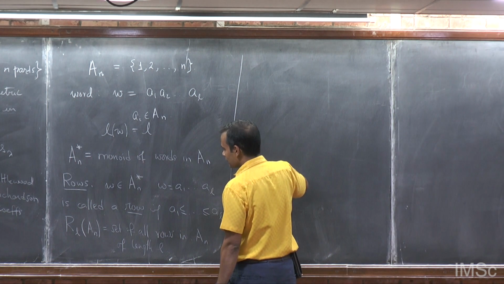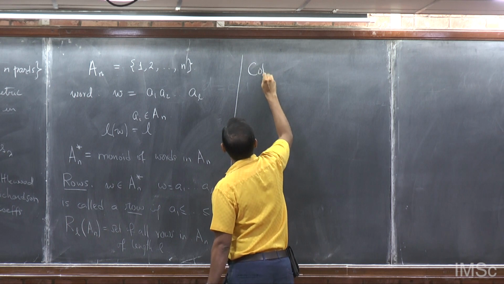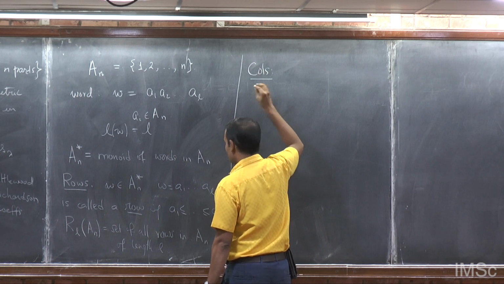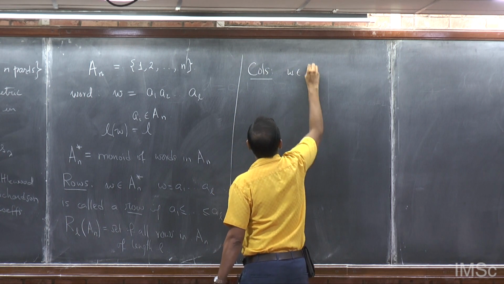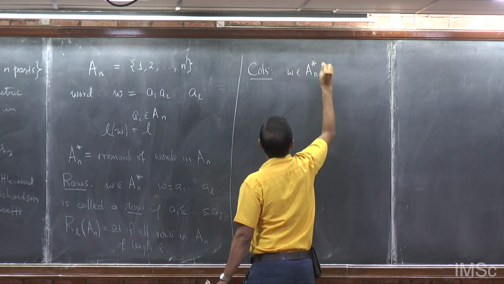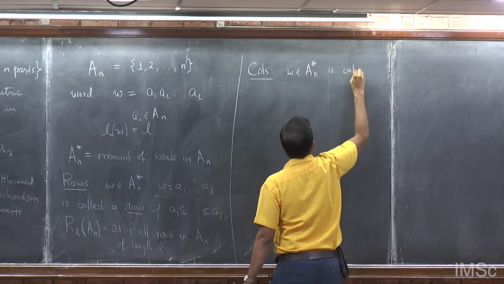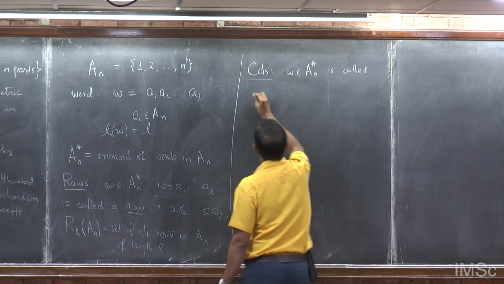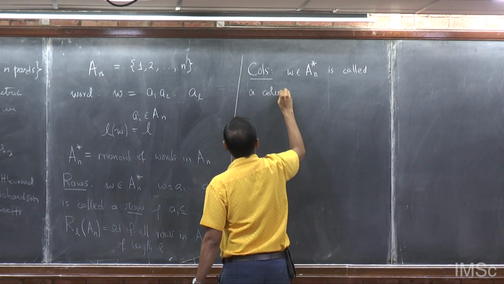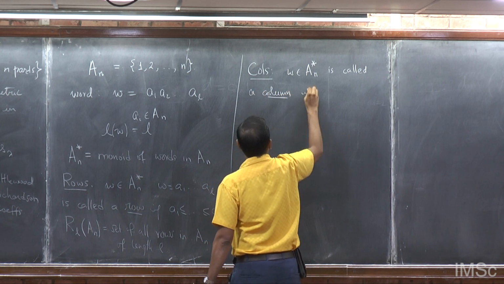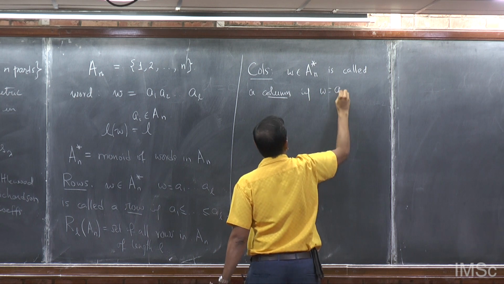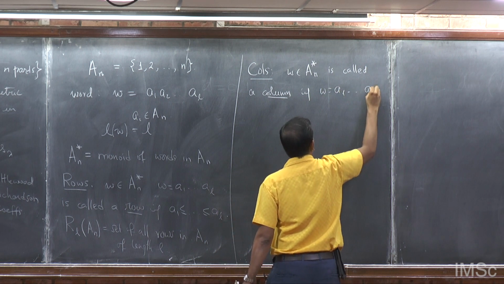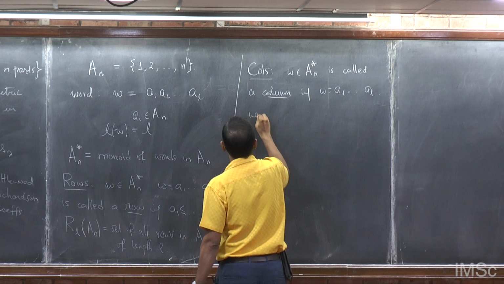And similarly, we have columns. W in A_n star is called a column if W is of the form a_1, a_2, ..., a_l with the letters strictly decreasing.